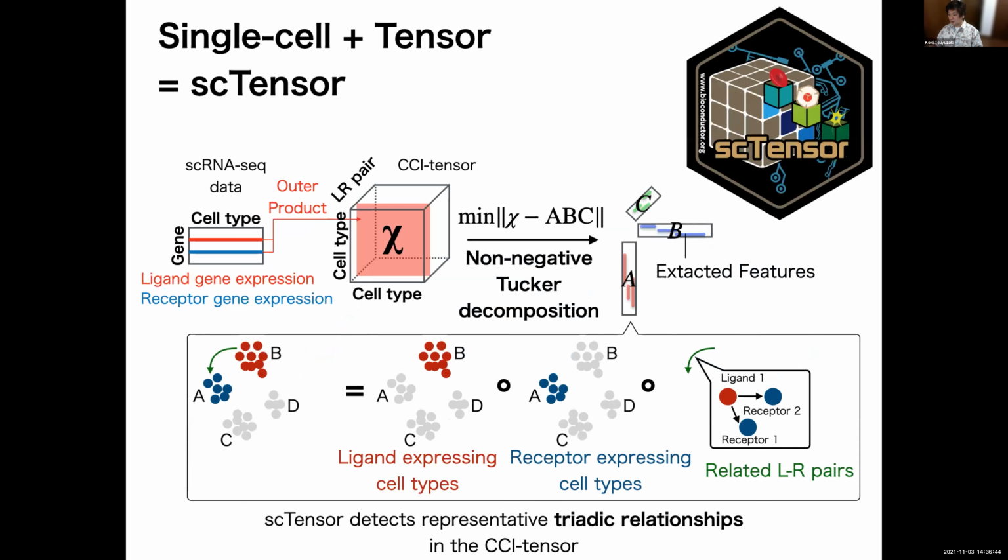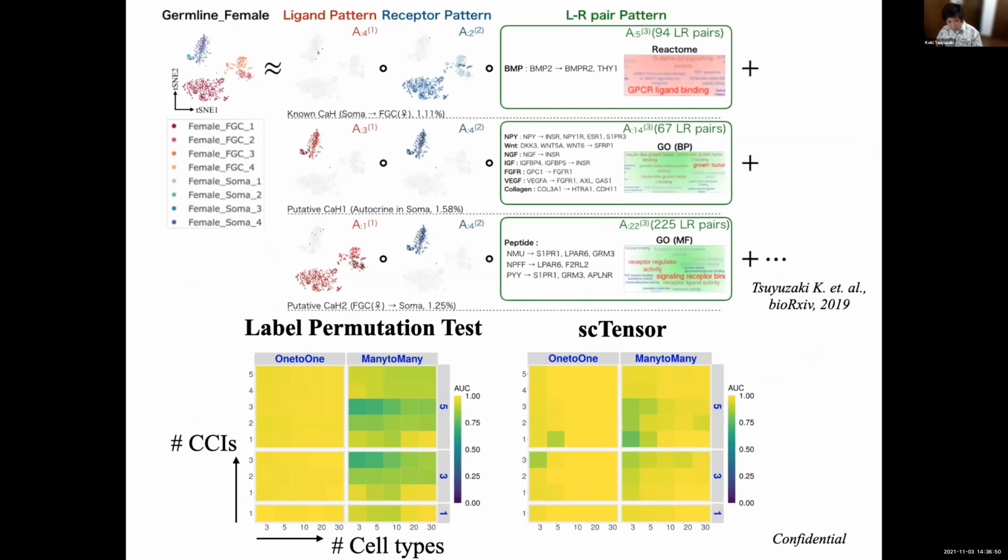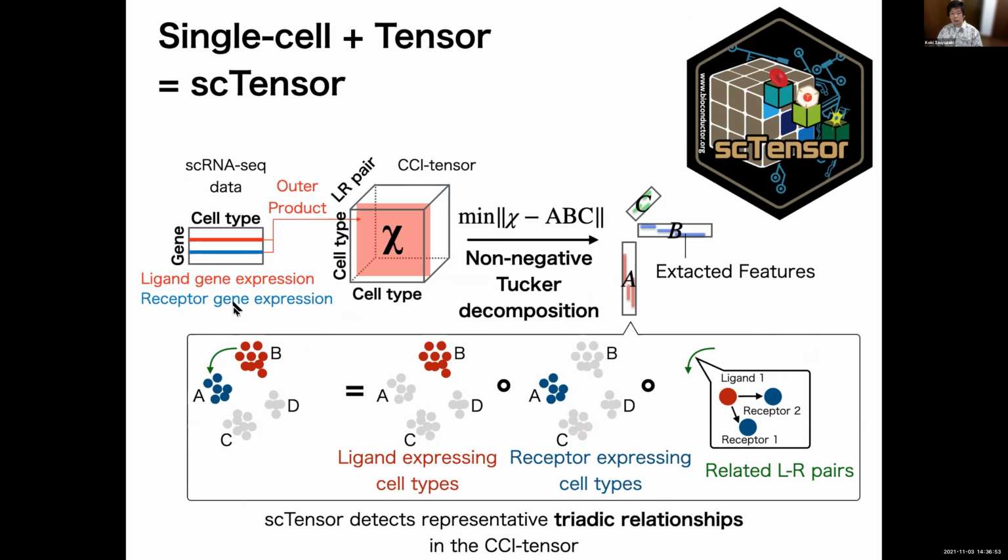Ligand and receptor expression can be extracted as row vectors from scRNA-seq data. So we first calculate the outer product with these vectors. By the outer product, the order of a vector increases and becomes a matrix.